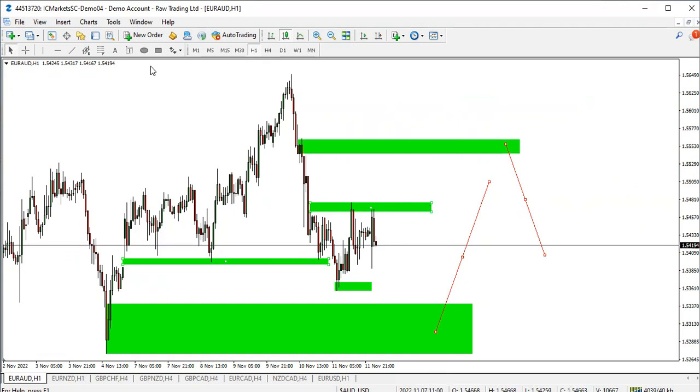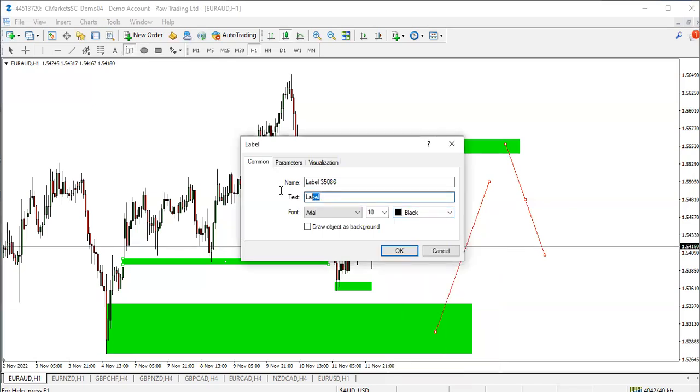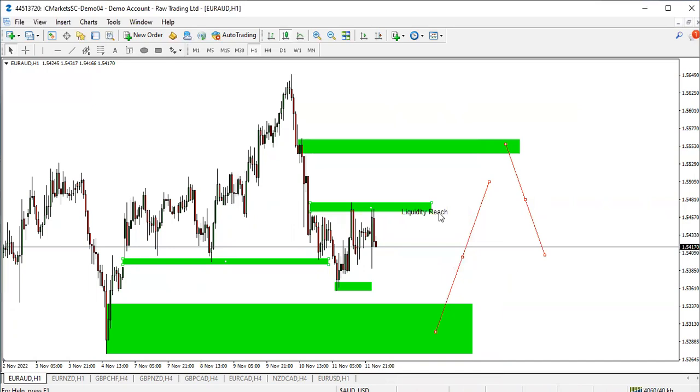That must happen before the trades become valid. So here is an area of liquidity.